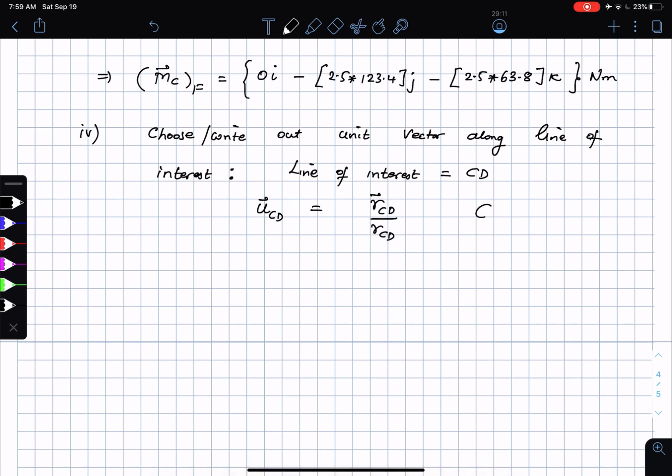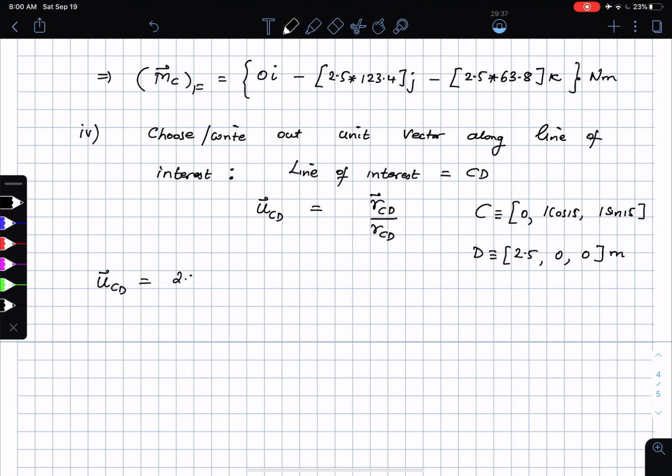The coordinates of C are 0, 1 cosine 15, 1 sine 15. The coordinates of D, D is just a point on the x-axis, so this is going to be 2.5, 0, 0. Which means that UCD is going to end up being the following: coordinates of the last point minus the first point.